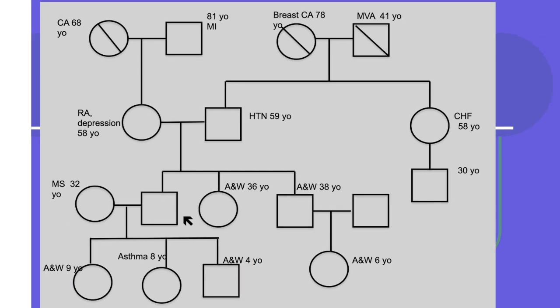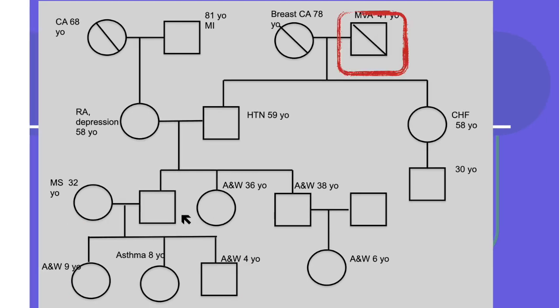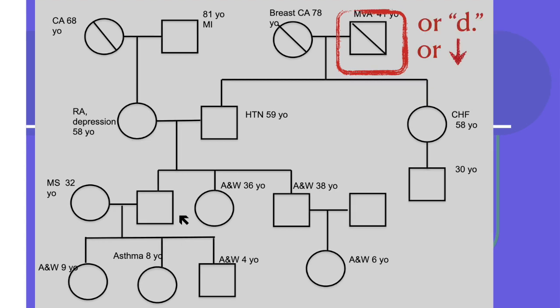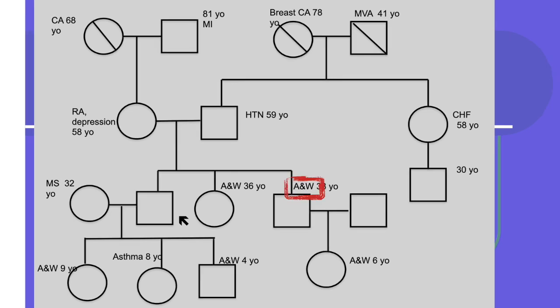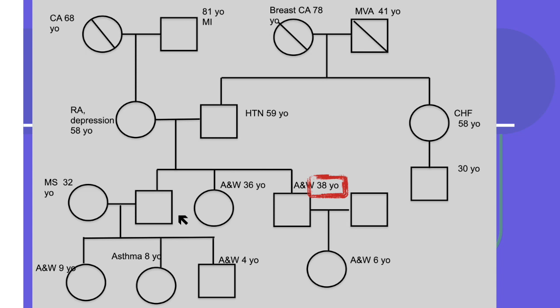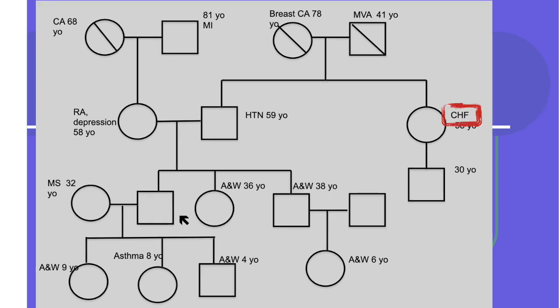Ways that we indicate death, dying, having deceased include a slash through the shape, a small d, an arrow down, or shaded out. Those are all ways in which a shape or family member might be indicated as having died. In terms of a nursing genogram, A and W doesn't mean root beer, it means alive and well. Usually we'll put someone's age on their genogram and major diseases that that person has, that the patient knows of.